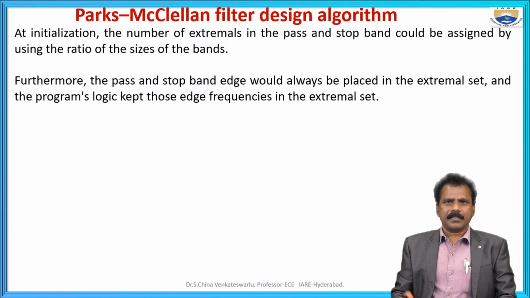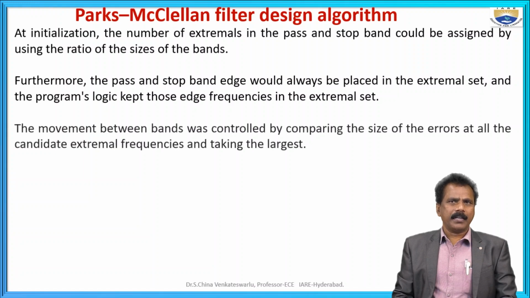We have to follow the syntax according to mathematical notation and write a piece of software code. The movement between the bands was controlled by comparing the size of the errors at all the candidate extremal frequencies and taking the largest.